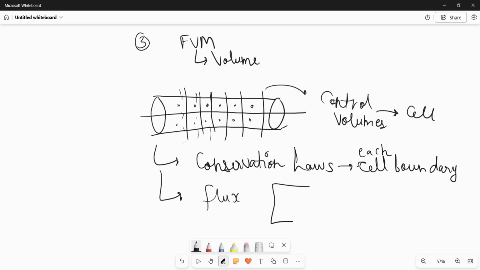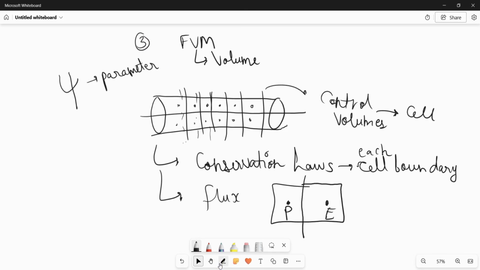So suppose this is the grid. I have a point here that is P, and a point here that is E. I'll be using the term phi for any parameter. So the term phi will be used to denote all parameters.